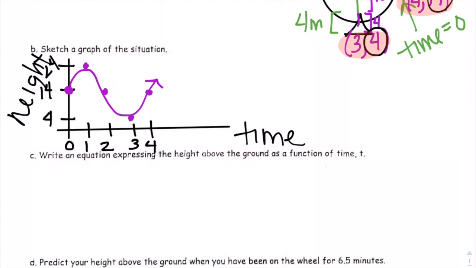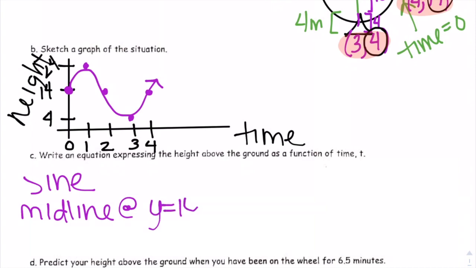So we're going to say, well, we know that this, since it starts at the midline or looks like an S, that's going to be a sine graph. It has a midline at y equals 14. So that midline at y equals 14 here tells us that we have a vertical shift of 14.